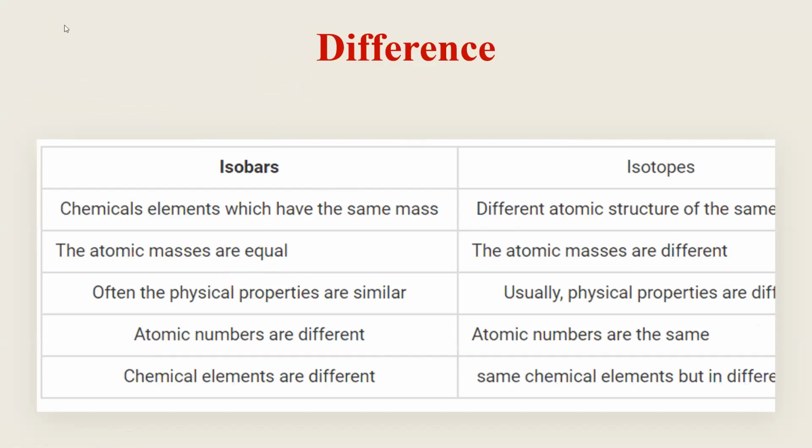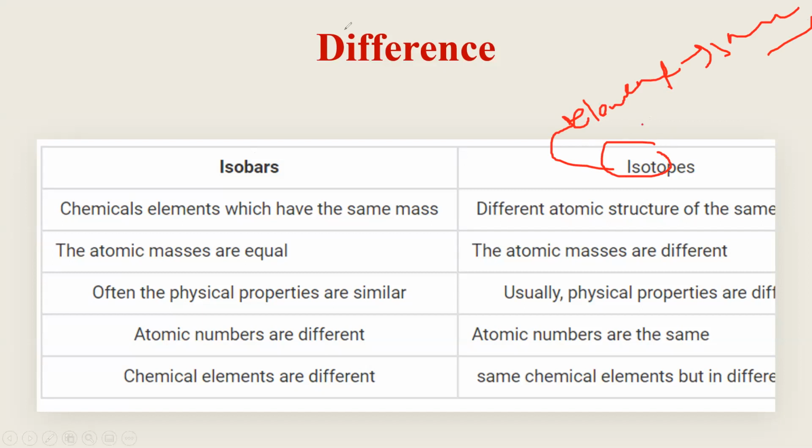One of the most important concepts related to mass number and atomic number is isotopes. What is meant by isotopes? Isotopes means elements having the same atomic number and different mass number.